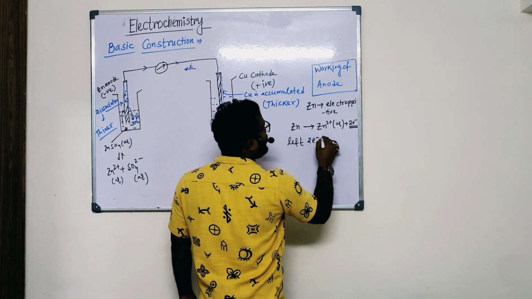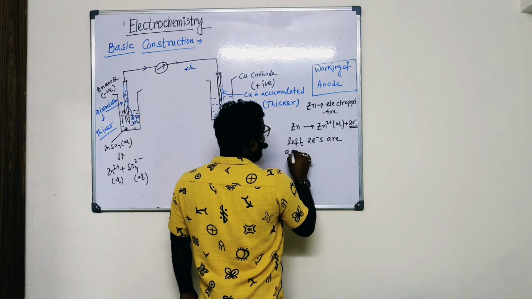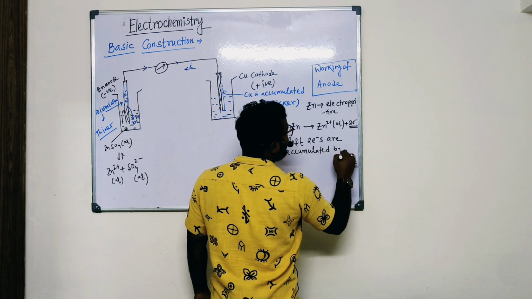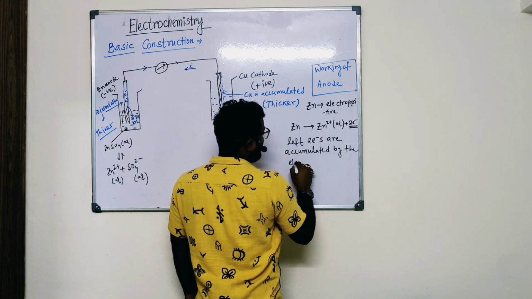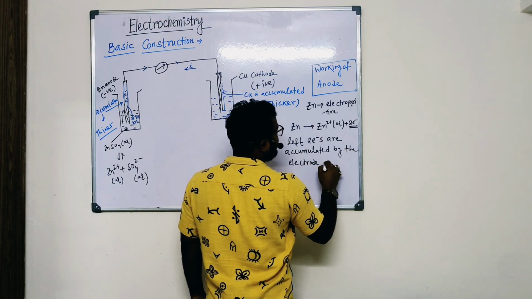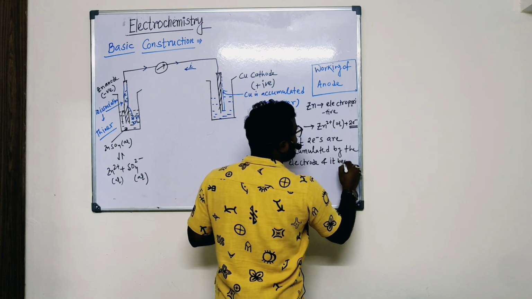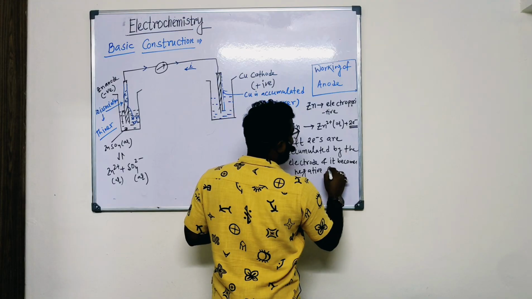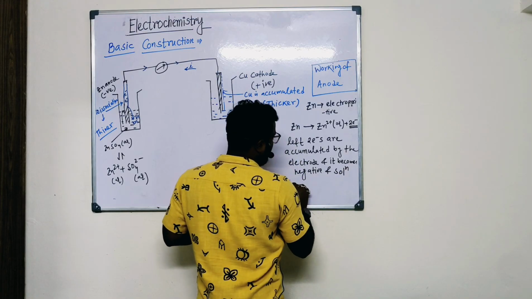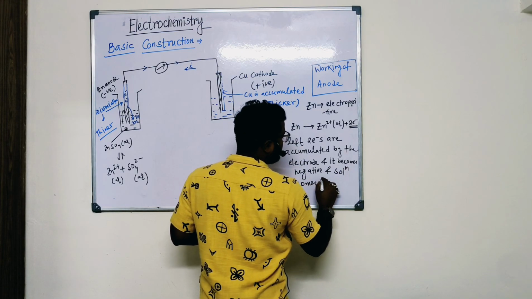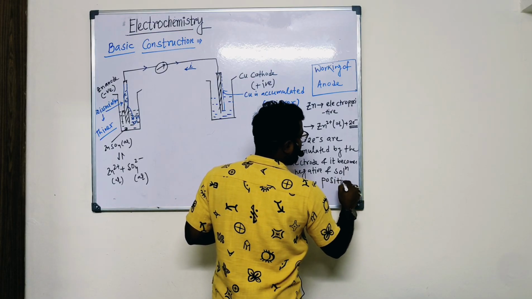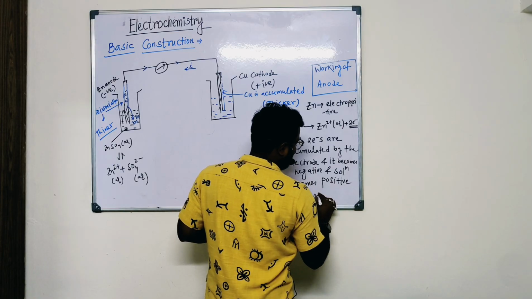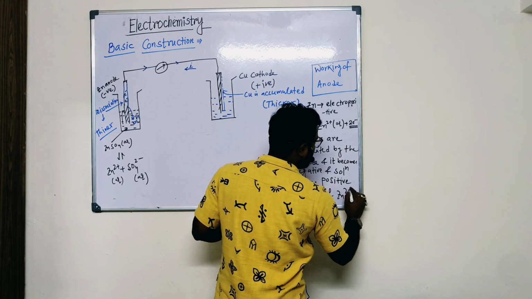The left 2 electrons are accumulated by the electrode and it becomes negative, and the solution becomes positive because of Zn2+.